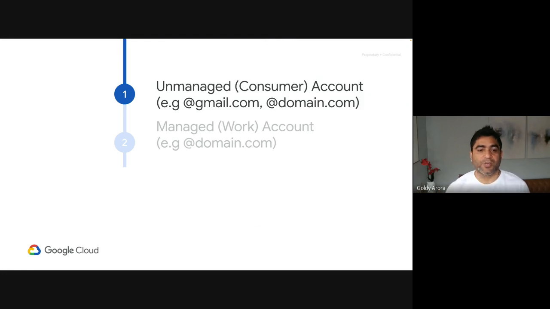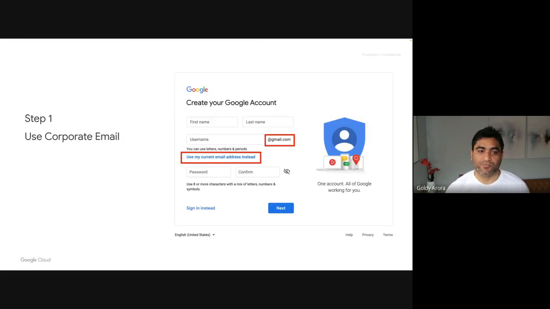And the way you create those accounts is, you will simply go to Google and say, I need a new Google account. What you need to understand here is that along with signing up for a gmail.com email address, there is an option where you can select that you already own an email and you would rather use that email.